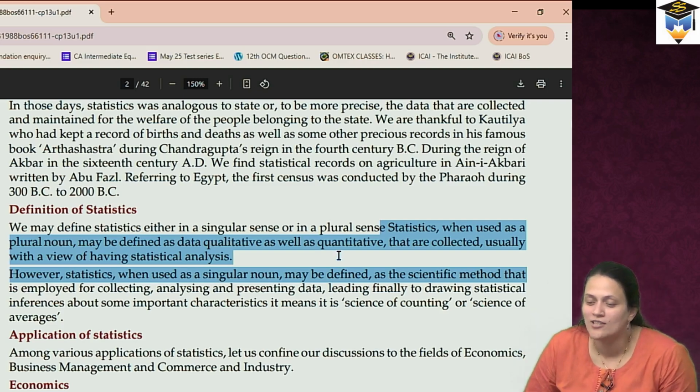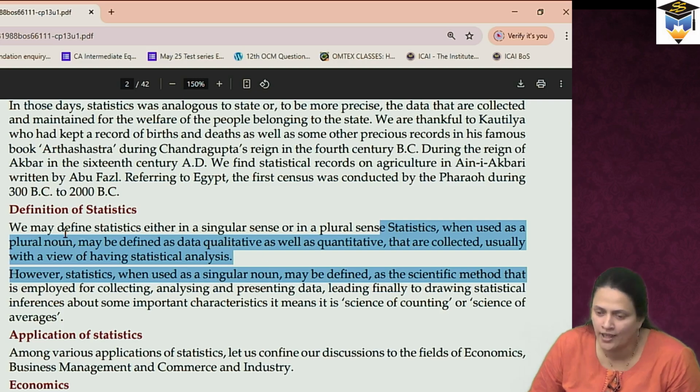Okay. So write down this part. Write down the part which I have marked. This is the definition of statistics.